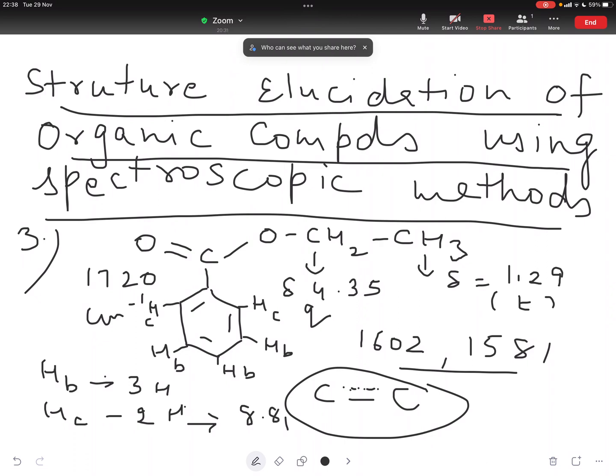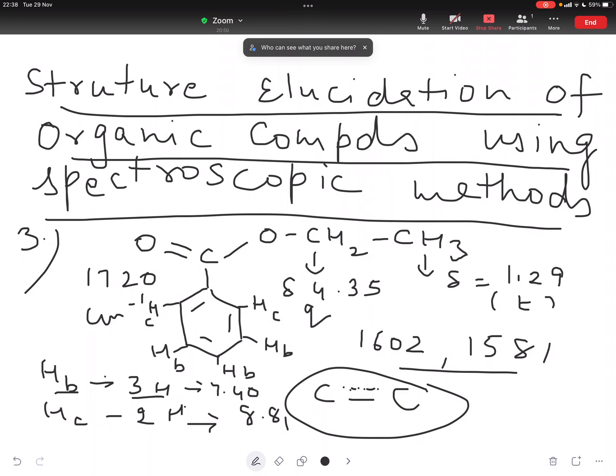And the upfield multiplet indicates the presence of these B protons, which are 3 in number, and we obtain a signal at 7.42.